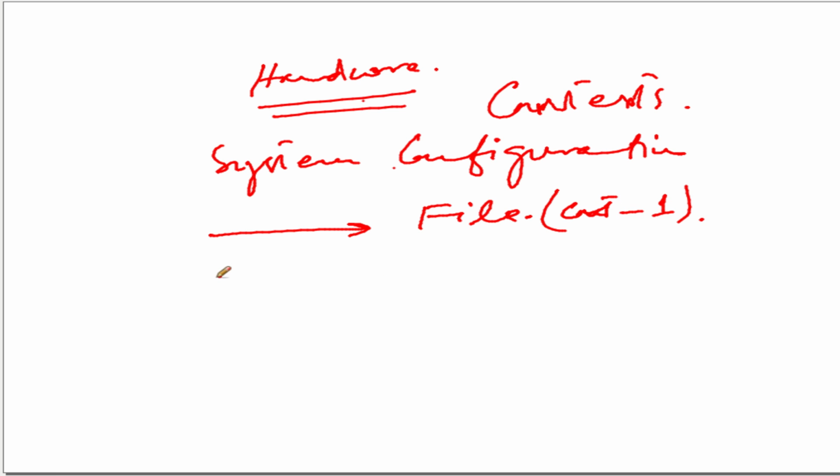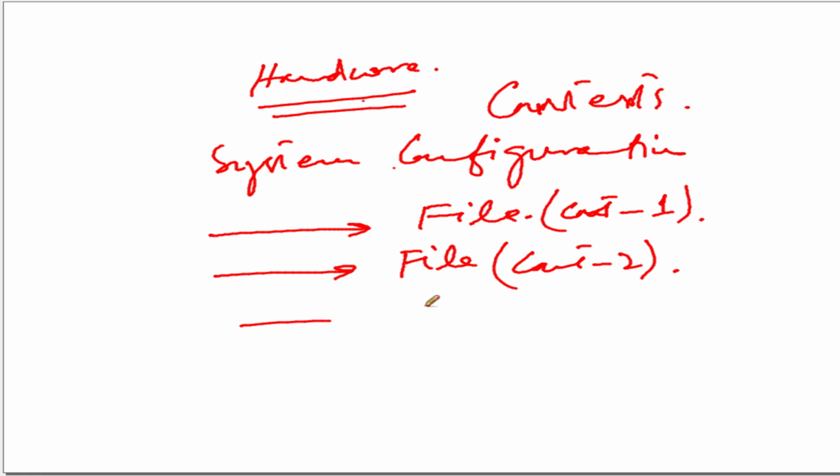Similarly, if we create another context, the system creates another file and saves all the parameters related to hardware, the interfaces, any firewall rules and NAT rules configured, everything that goes into context number 2, and so on and so forth.